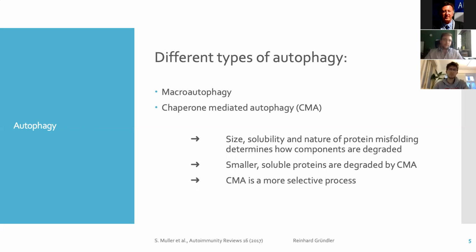And also, if we talk about protein misfolding, it's usually the type of protein misfolding, or if it's just a single protein or protein aggregates, that determines how the protein gets degraded. And usually chaperone-mediated autophagy is used for smaller and soluble proteins.